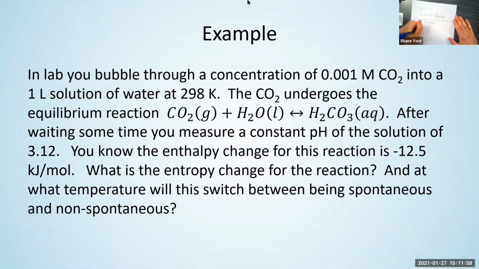That CO2 in that solution of water can react with the water to form H2CO3, a strong acid. And after some time, once equilibrium has been established, you see a constant pH. That constant pH is telling you equilibrium has been established, no net reactions occurring in the solution anymore. So at equilibrium, you have a pH equal to 3.12.